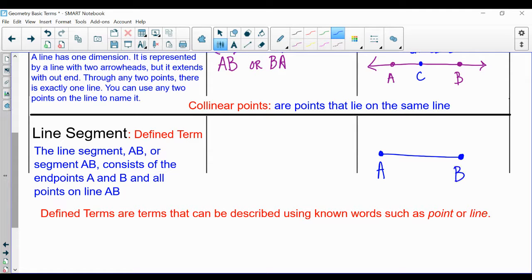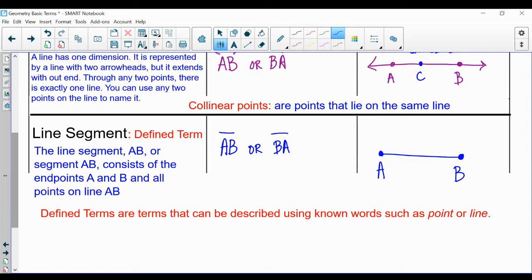It starts at A and goes to B, or it starts at B and goes to A. When I write these out, I use the capital letters, and then I use the symbol for a segment. So it's AB, or I can name this same segment BA. Again, I only need two points to name it.